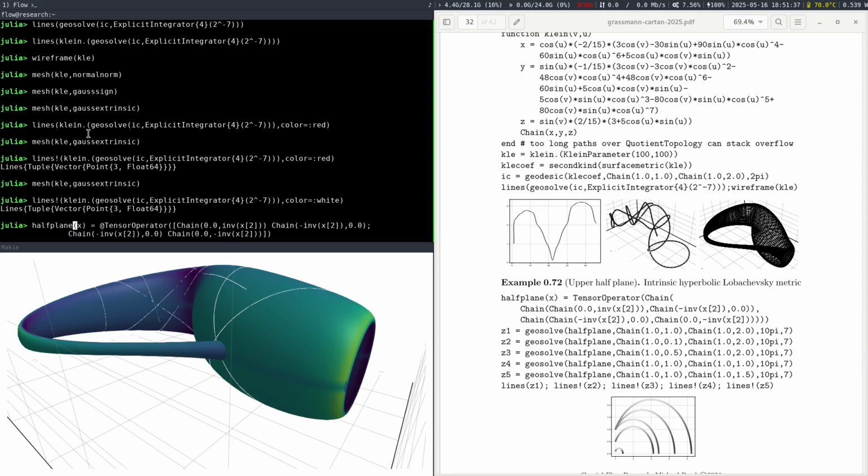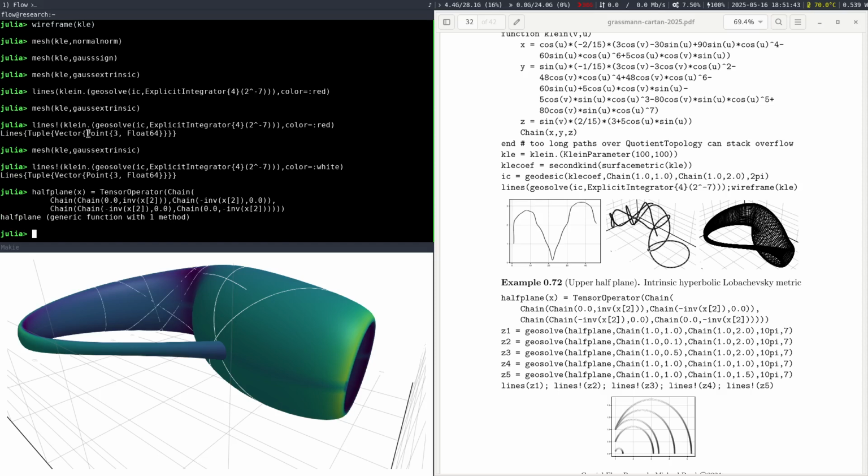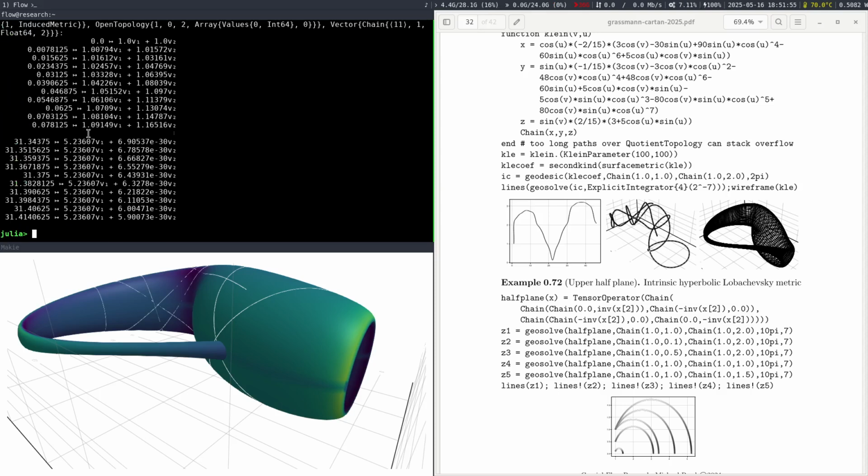So there's this kind of half plane function that you can define.